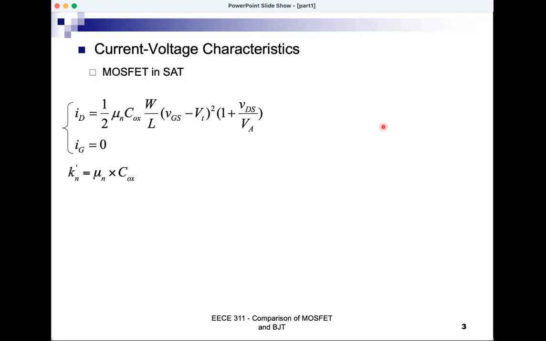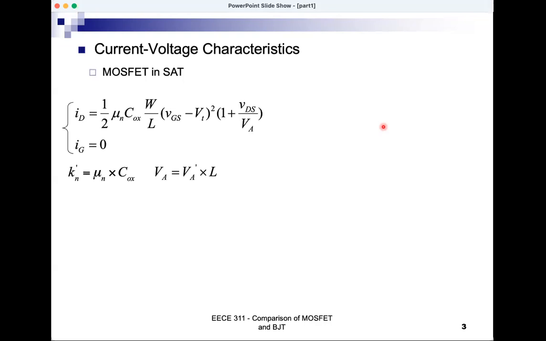And we used K prime instead of mu n C ox. So K prime is really just mu n times C ox, the mobility times the oxide capacitance per unit area. So in the equation, it may be half K prime W over L, or sometimes we used half K, and K would be K prime times W over L. And VA in this channel length modulation correction factor is also dependent on L. So if I increase L, VA would increase.